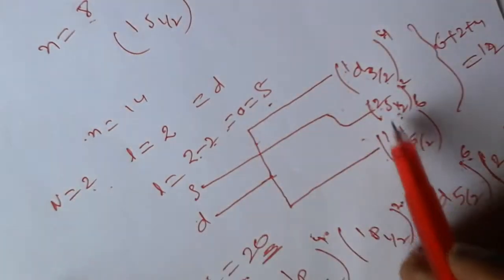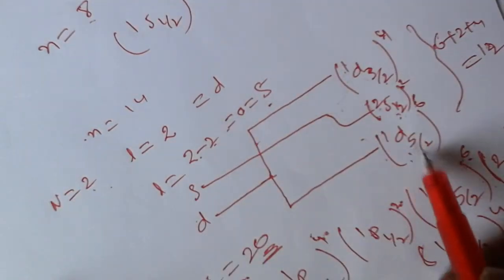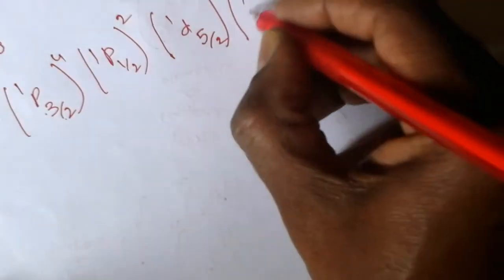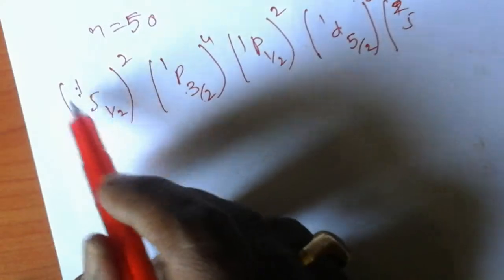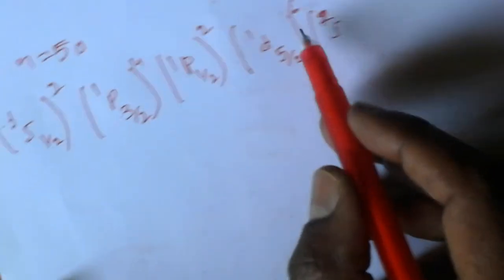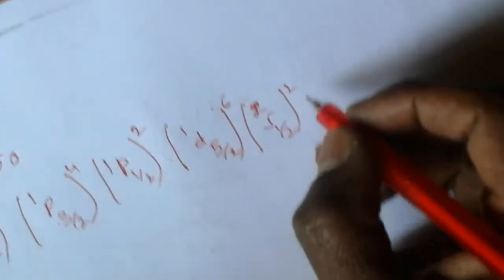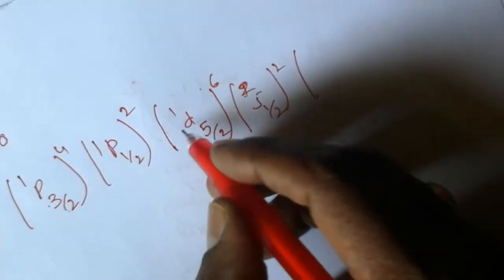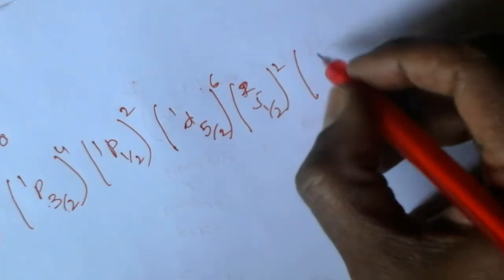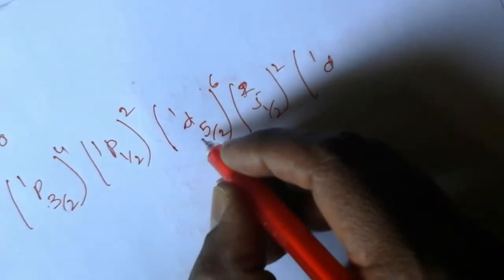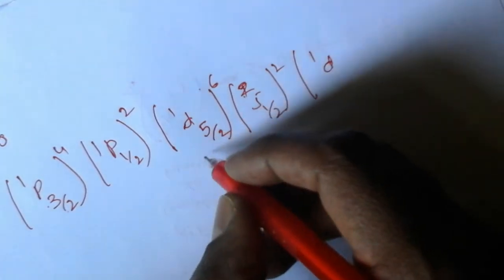As n is equal to 2, we are getting 1d 5 by 2 and 2s 1 by 2 whole power 2. Already we got one time s, so second time we are getting 2, so 2s 1 by 2 whole power 2, and again this d will be repeated.